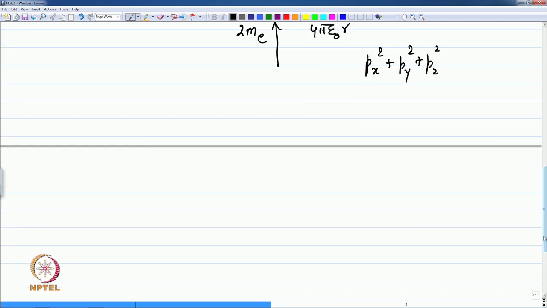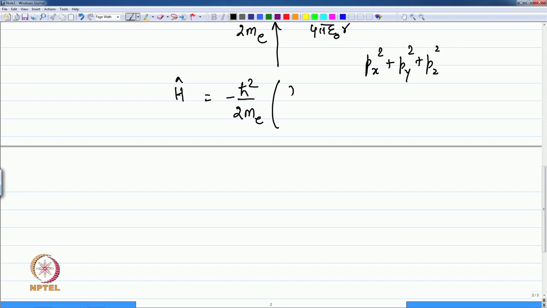And then of course px is replaced by the derivative operators, so that the Hamiltonian becomes minus h bar square by 2 me, dou square by dou xe square plus dou square by dou ye square plus dou square by dou ze square, where these are the coordinates of the electron with respect to that origin.